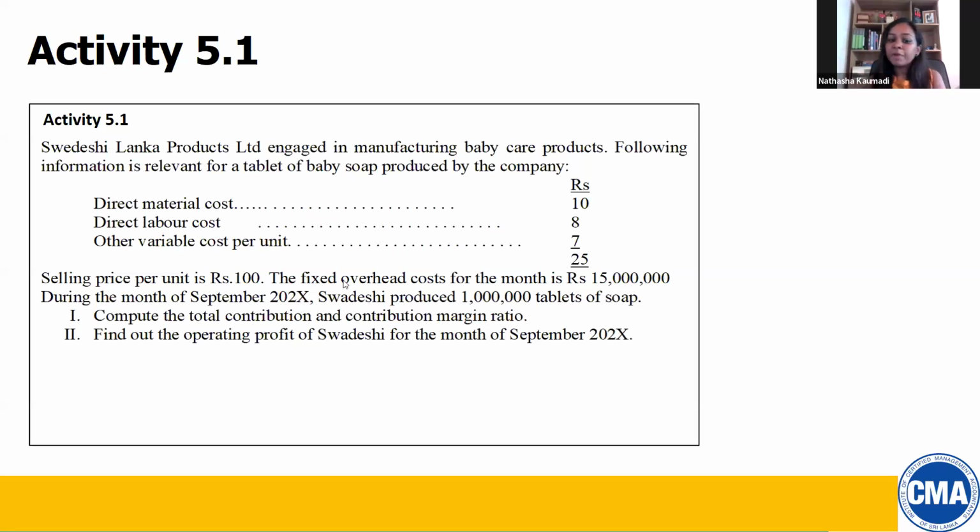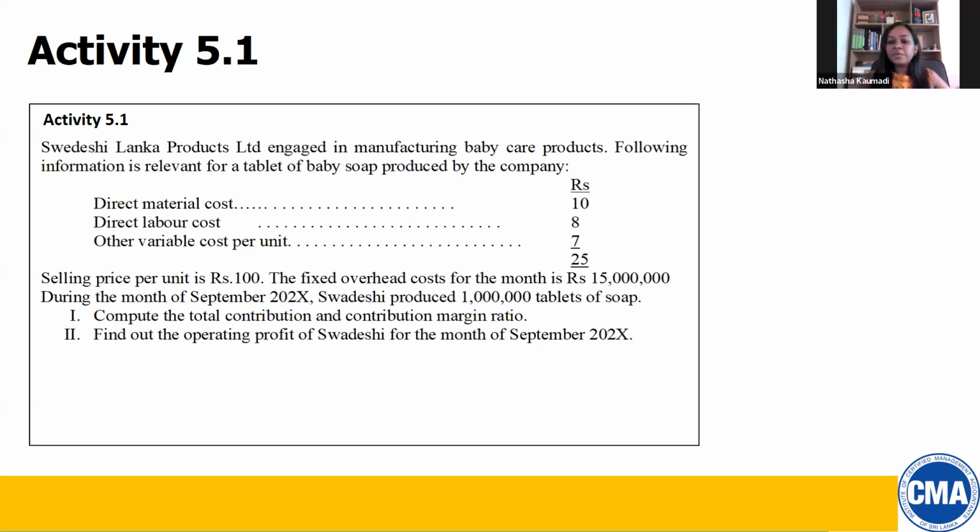Find out the operating profit of Swadeshi for the month of September. Calculate the profit now. What is the formula you need to use? It's not the ordinary formula, TR minus TC. You can use total contribution minus total fixed cost.